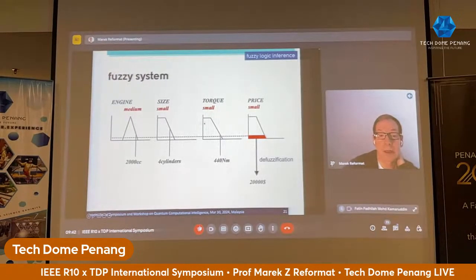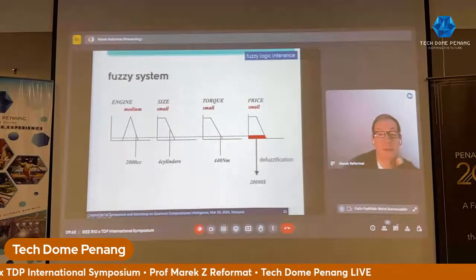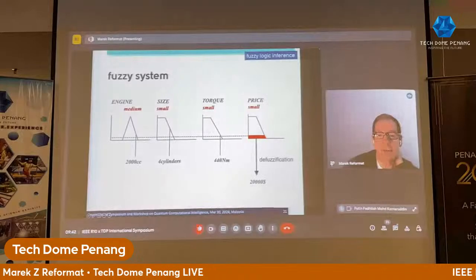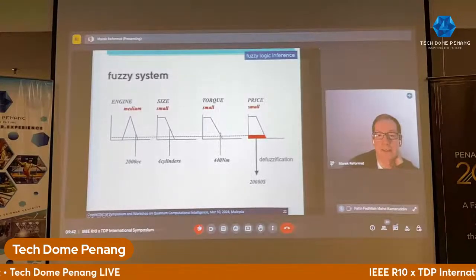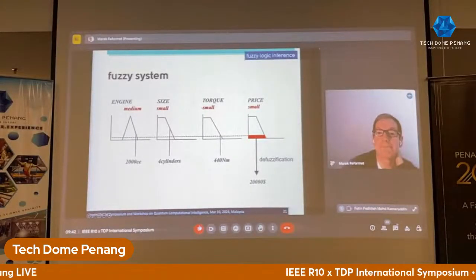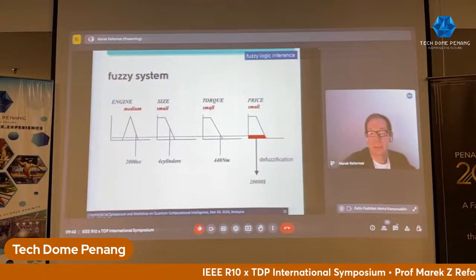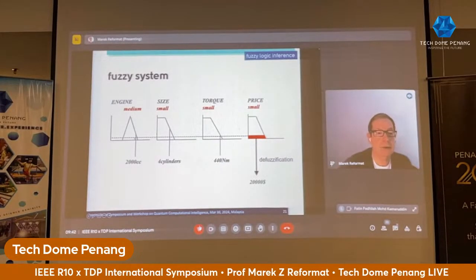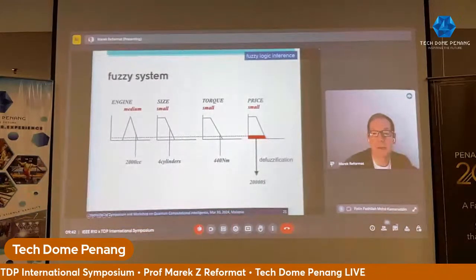In this particular case, we take the minimum across all of these three things, because this value of 440 satisfied that particular linguistic term, small torque, to the lowest degree. So we don't take the max, we don't take the medium, we take the minimum.